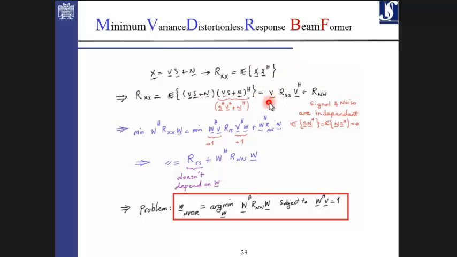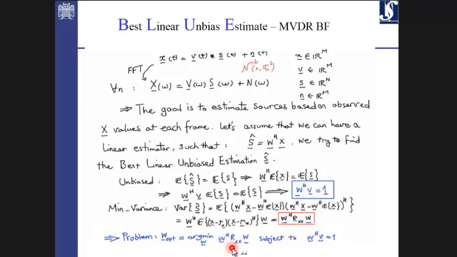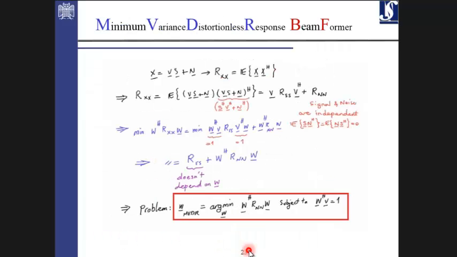But we know that the only part which is related to, so apply this, this is Rxx, and then in the previous slide we had W Hermitian Rxx times W. So if you apply W Hermitian and W from both sides, then you have W Hermitian V Rss V Hermitian W plus the next term. But this W Hermitian V from the constraint is supposed to be 1.